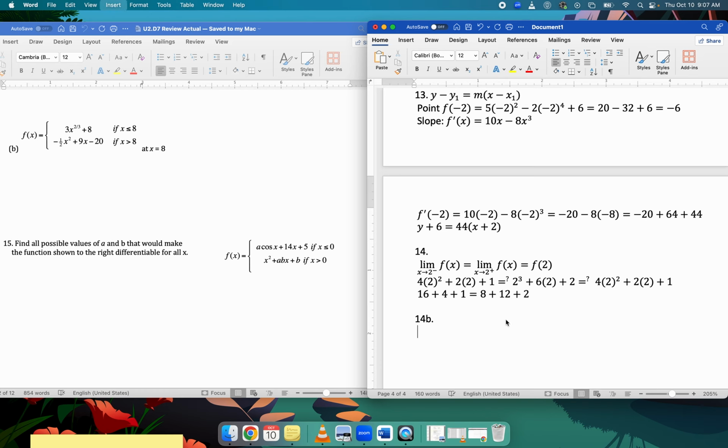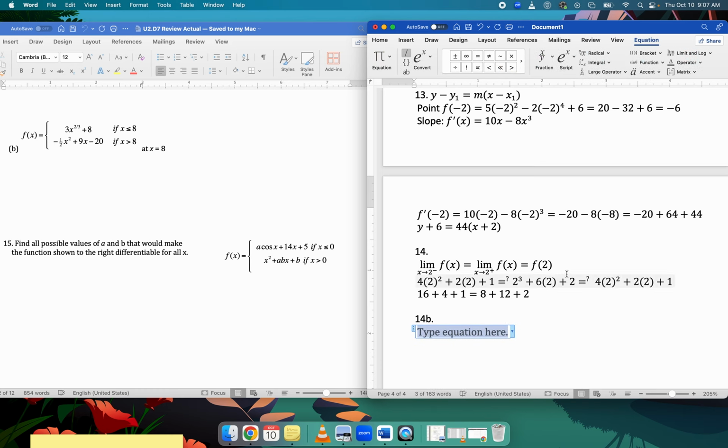14b, okay, so again, first I need to check continuity, so I need to ask, is the limit as x approaches 8 from the left equal to the limit as x approaches 8 from the right? And is that in turn equal to the value of the function at 8?